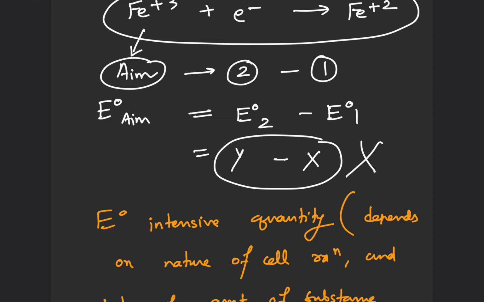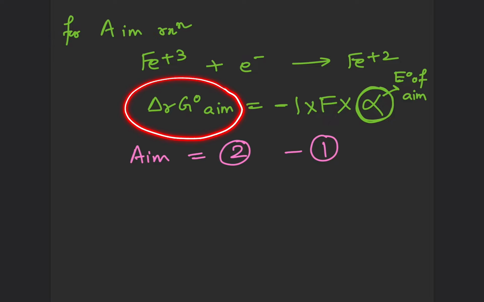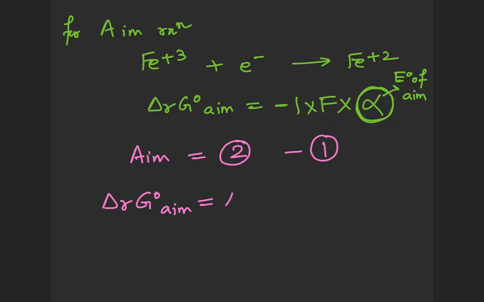Okay, so I can write this down, aim reaction is nothing but reaction 2 minus reaction 1, and this time we have an extensive quantity, so therefore I can write delta R G naught of aim reaction will be equal to delta R G naught of reaction 2 minus delta R G naught of reaction 1, because now it is extensive and we can subtract them.